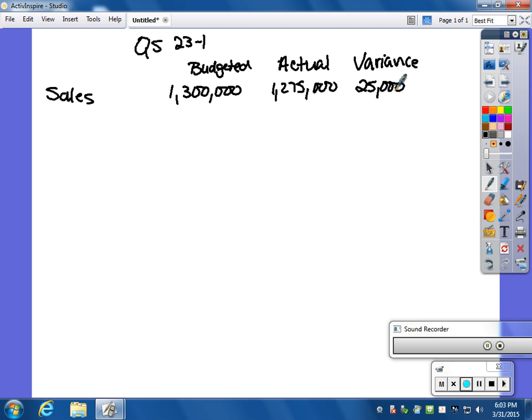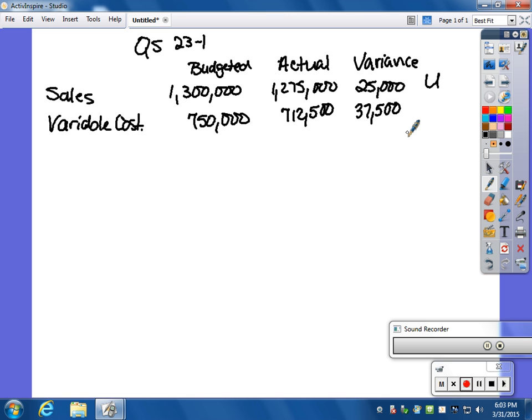What's the next line? Variable costs. And how much did we budget for variable costs? 750,000. What was the actual? 712,500. And what's the difference? 37,500. And is it favorable or unfavorable? Favorable. And then the next line we need to calculate is what?